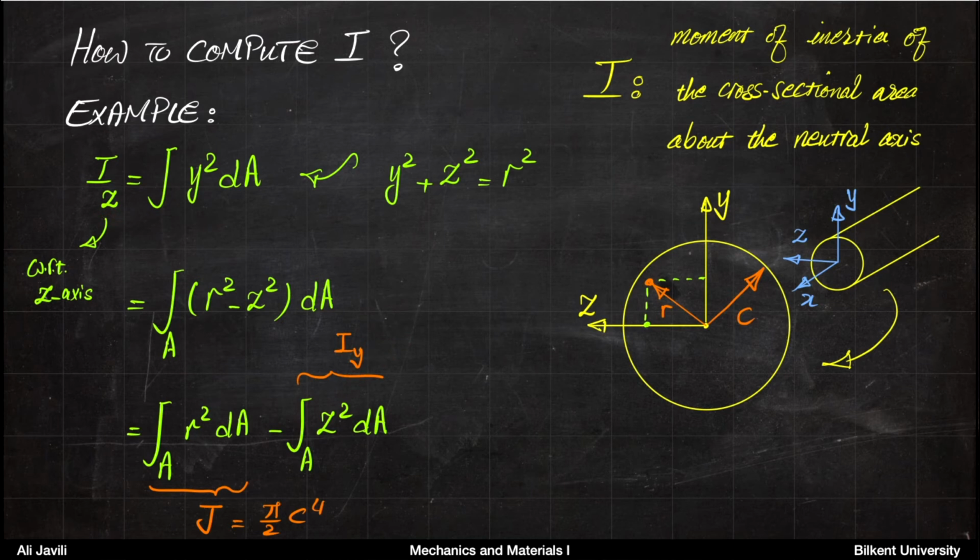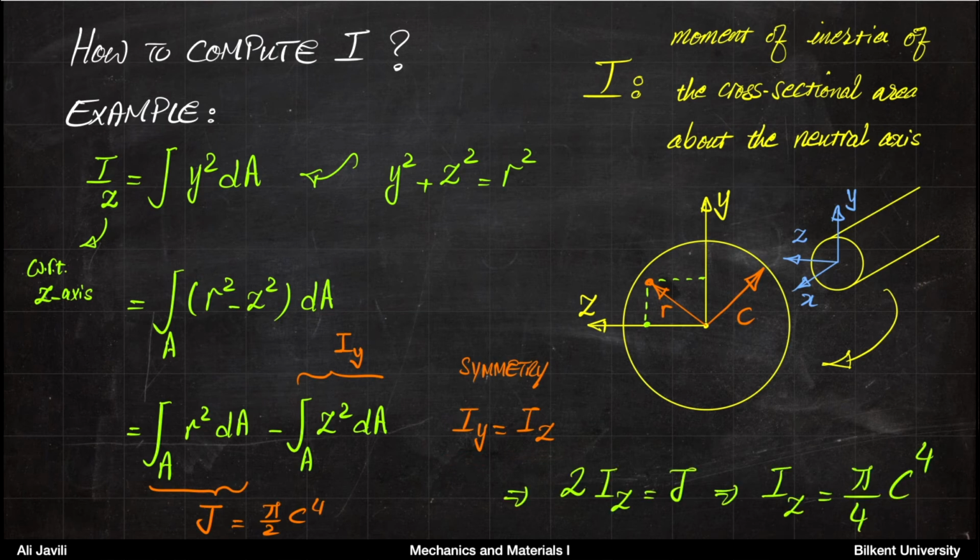If you want to calculate the moment of inertia with respect to the z-axis, you have the distance from the z-axis, which is y, to the power 2. Basically that means here is the moment of inertia with respect to the y-axis, because z is the distance from the y-axis. But also you know that due to symmetry, Iy and Iz are equal.